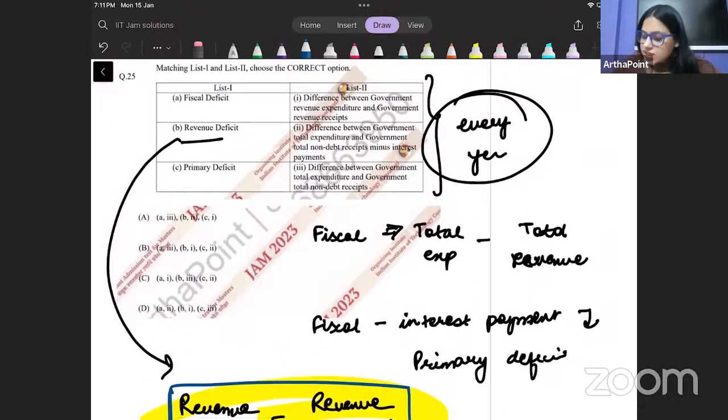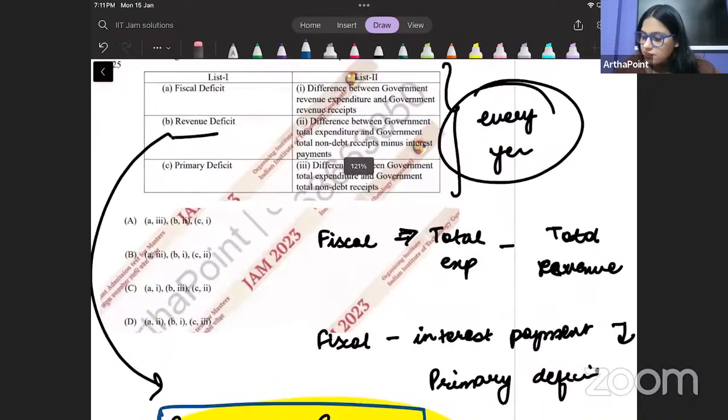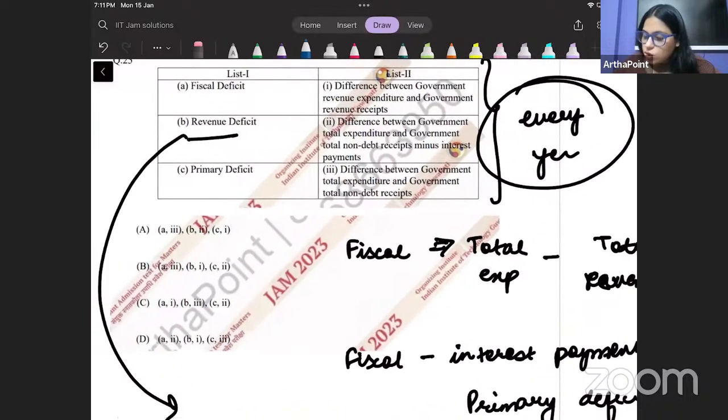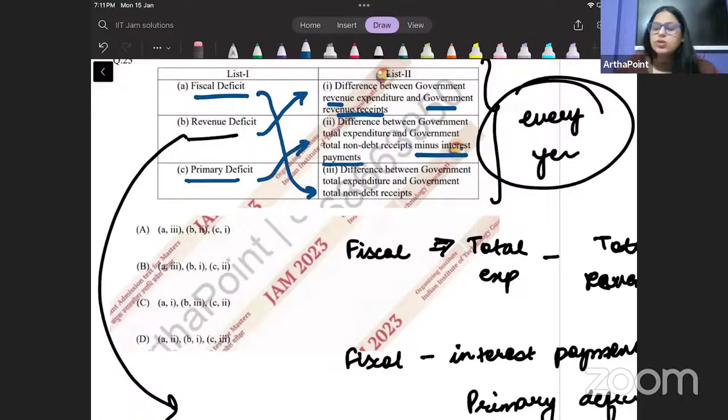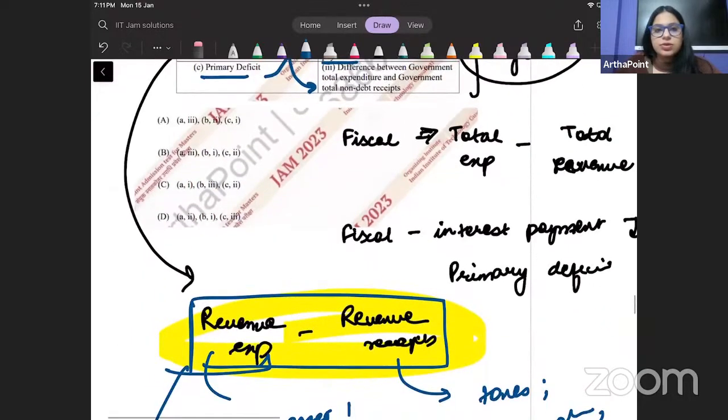We can go ahead and say that revenue deficit में word ढूंढना है हमें revenue. So I can say revenue expenditure and government revenue receipt. So for B, it should be 1. Fiscal में beta we will have total. So it should be C. And primary में less interest payment. So it should be 2. That will be the answer to this question. It is included. Borrowing is included beta. Total borrowings are included. ठीक है?